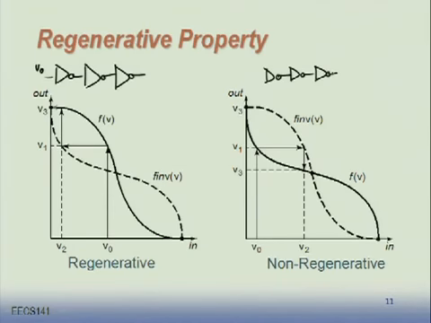Let's say that V0 is not really at logic levels. It is in between 0 and VDD. So here is my V0. I happen to have V0 produce V1. So I'm going to go across this VTC, and I'll find V1 over here. The output of this VTC produces V1. This is the output voltage, right? This is the input-output voltage transfer characteristic.